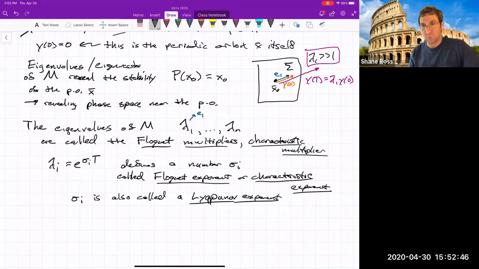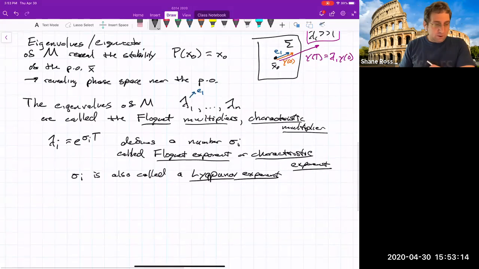Sometimes people talk about just one Lyapunov exponent. They usually mean the maximum Lyapunov exponent, because over the long term, the direction where things grow the most is going to dominate. Any generic initial condition is going to be, after a while, aligned with that direction. So you may have heard of Lyapunov exponents.